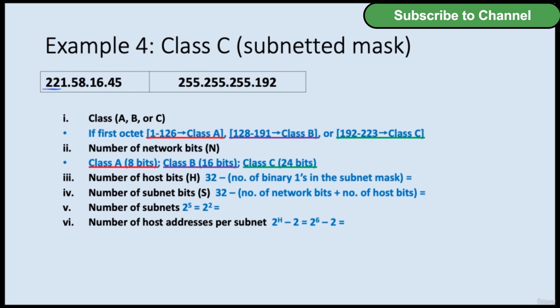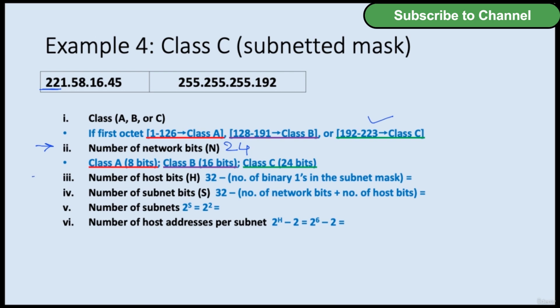Seeing the first octet, we know that it is a class C network. Another thing which is noticeable here, the mask is not default, it is subnetted. It means this IP address has subnets in it. So the number of network bits, it's a class C address, so network bits are always 24.